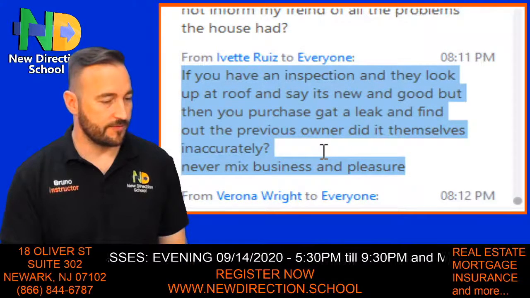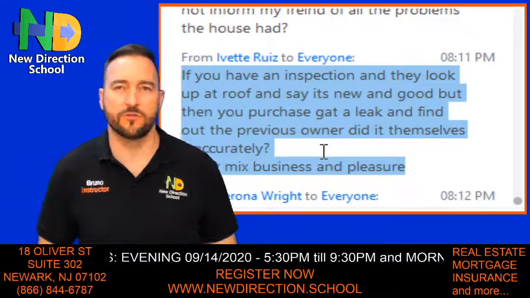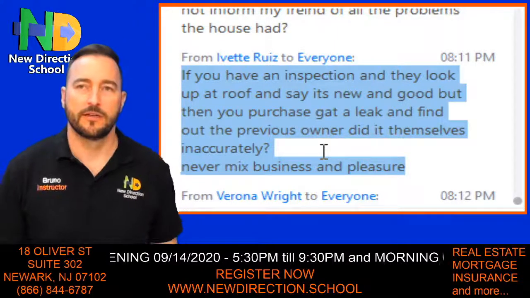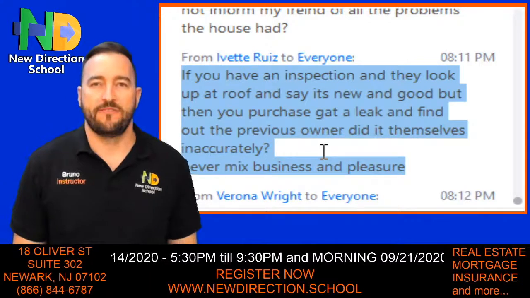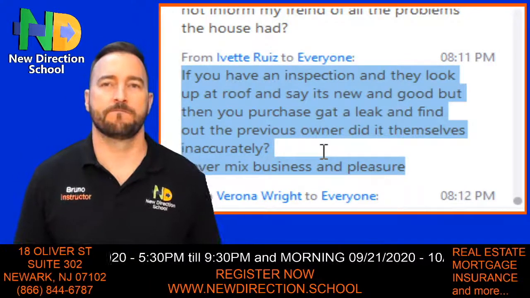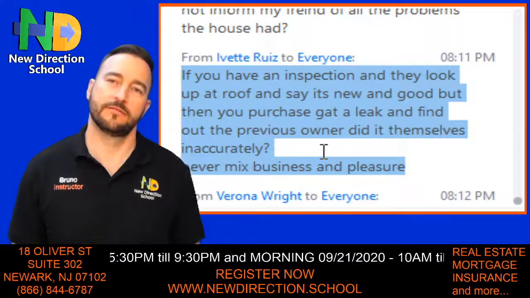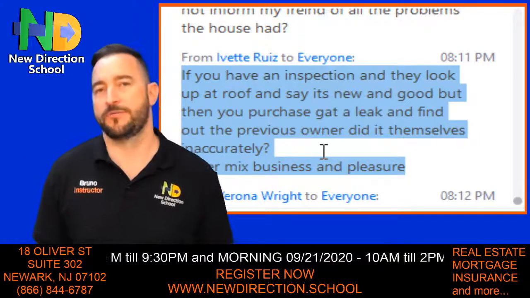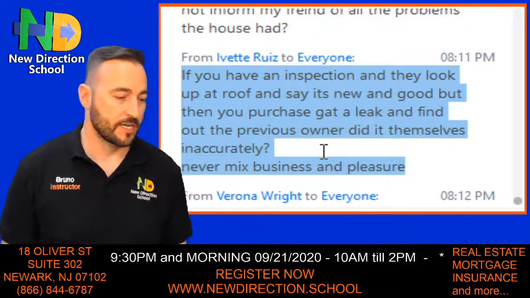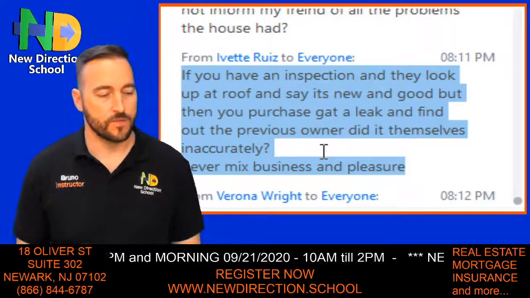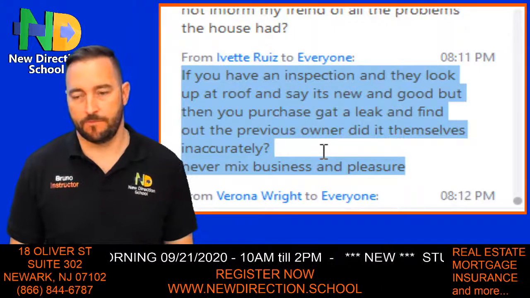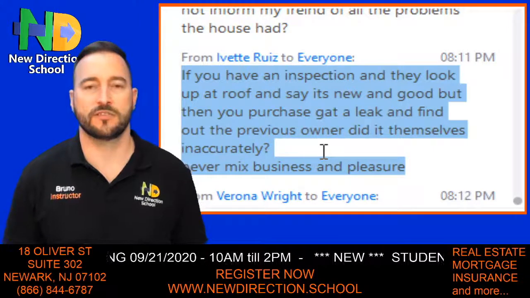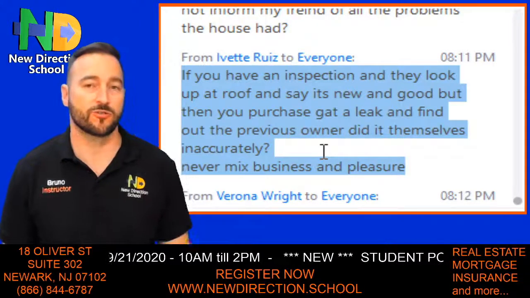Right here, Yvette says, if you have an inspection, they look at the roof and it says it's good, but then you purchase and it has a leak, and you find out that the previous owner represented inaccurately. So this is why we also have to fill out something called the seller's property condition disclosure statement.